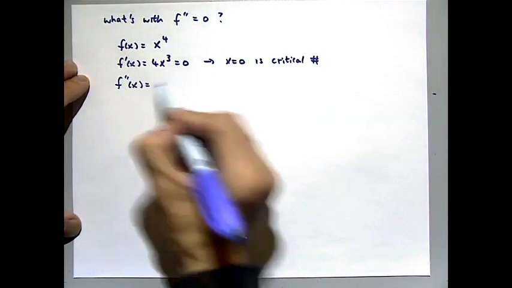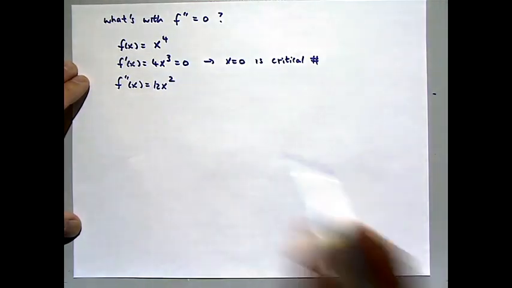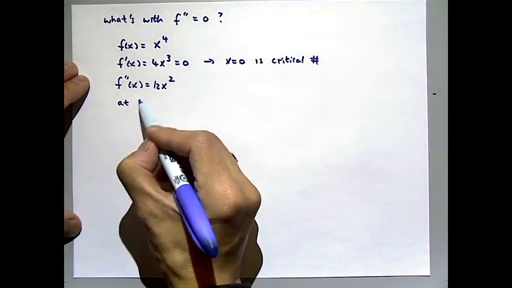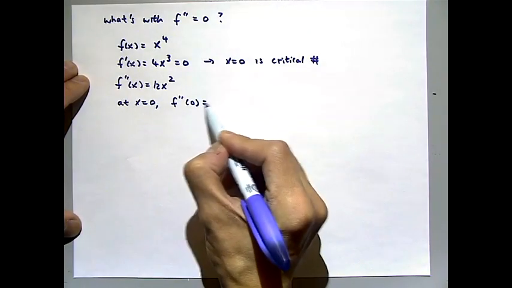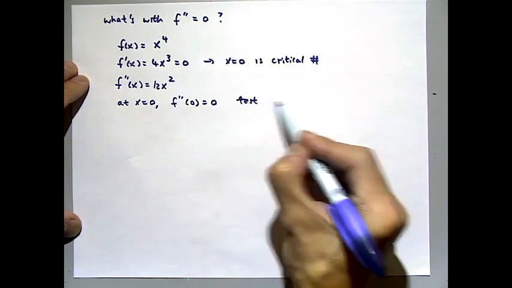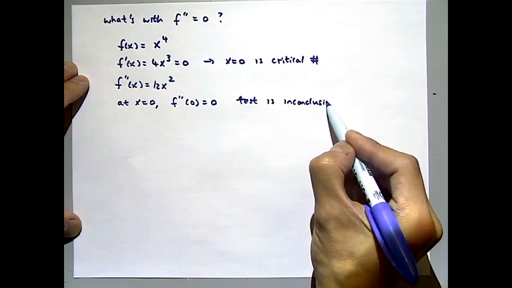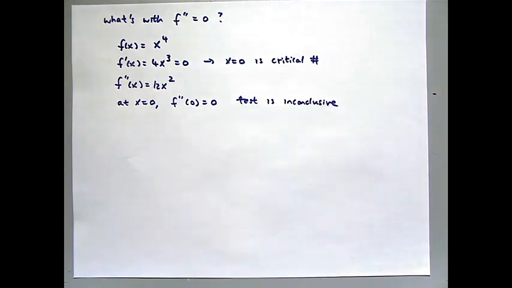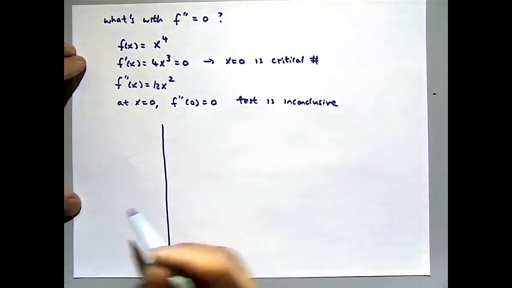Notice what's going on with the second derivative. And here we run into, again, a test being inconclusive for that one point. Take a look at the graph.